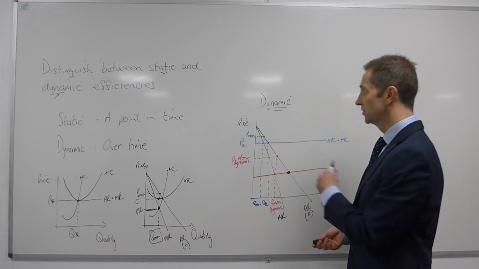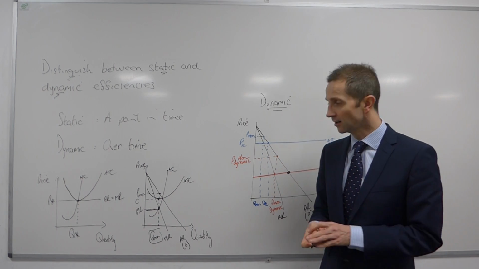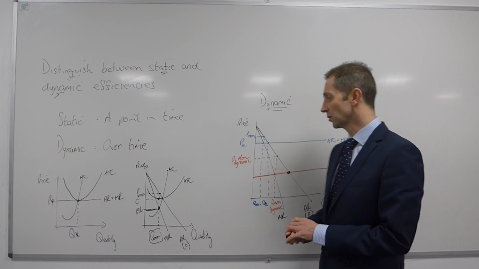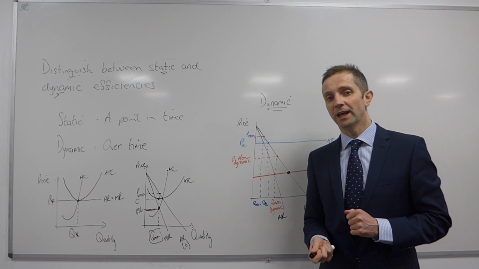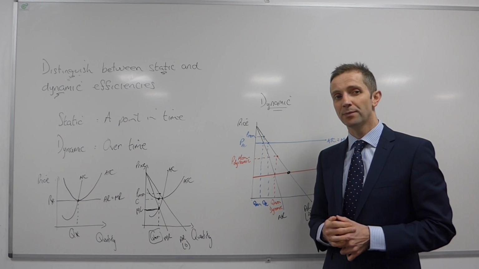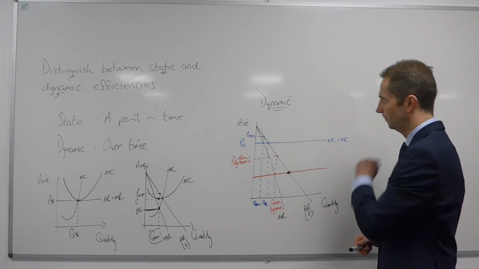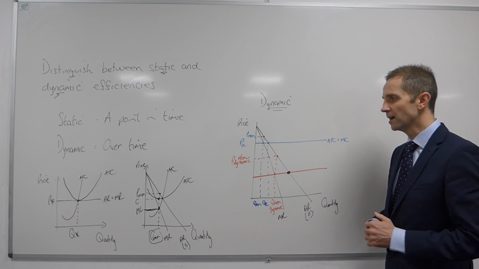But here's a useful diagram, ladies and gentlemen. I had a revision day here yesterday, and I was showing some staff and students from other schools this diagram, which one of my students used on a previous exemplar exam paper. In fact, it was last year's A-level micro. This is a great diagram for showing dynamic efficiencies over time.